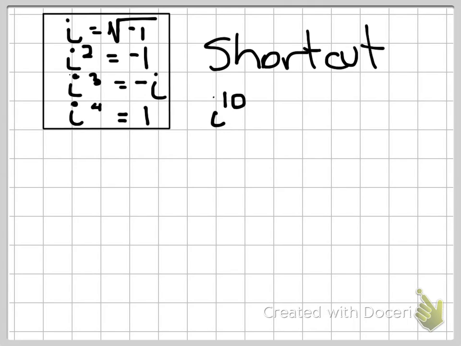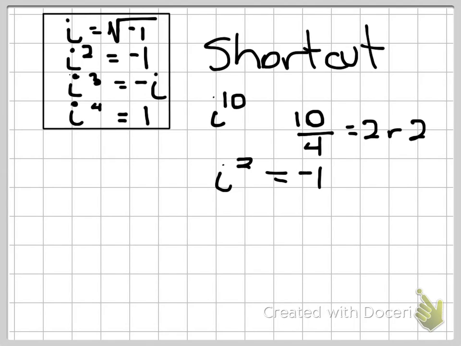We need to pull out i to the 4ths, right? And so we could take the power, and if we divide by 4, we would get 2 remainder 2. That remainder tells us what we're going to wind up with: i to the 2nd, and i to the 2nd we know is equal to -1.